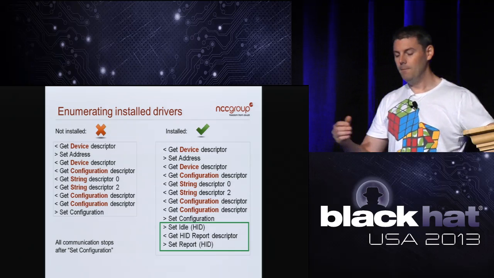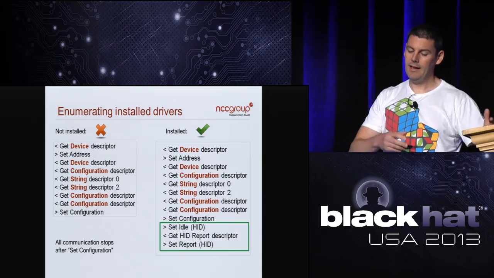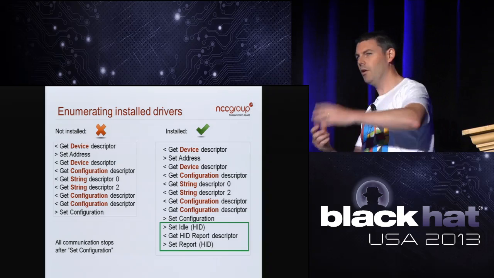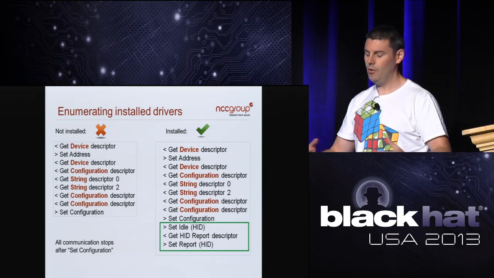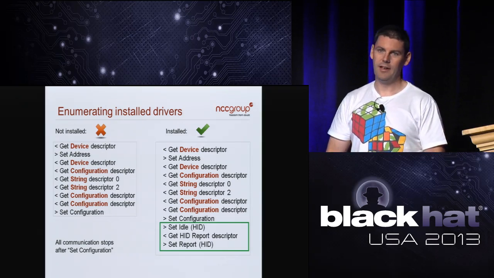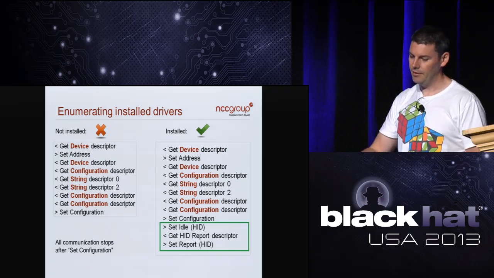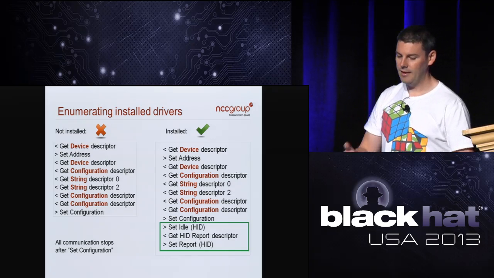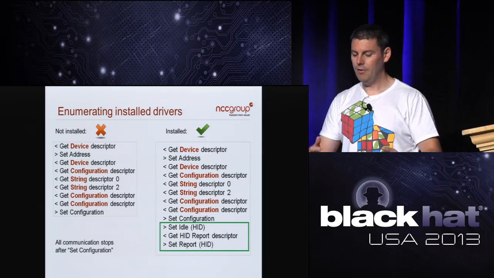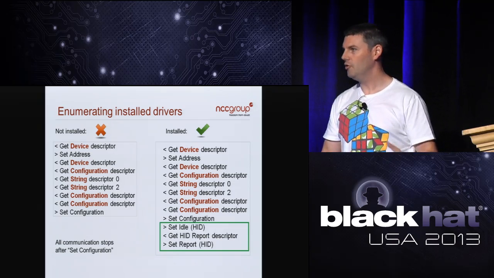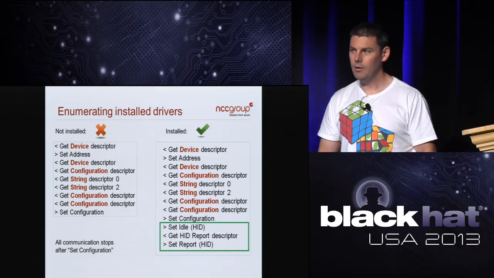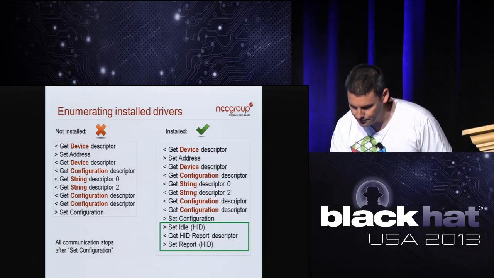So going back to what I was saying, the host is asking you what kind of device you are within your emulated device. You could say, I'm a mass storage device, and it continues through, says set configuration. But if the host then doesn't start asking you questions based on that class, you know that that class driver isn't installed.